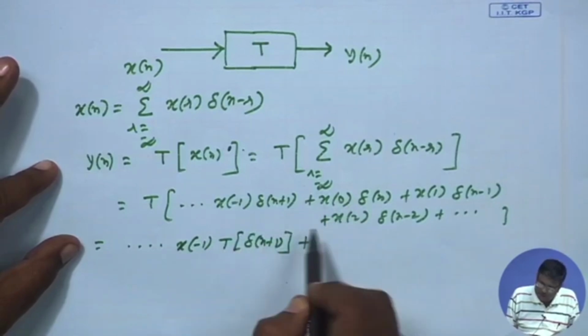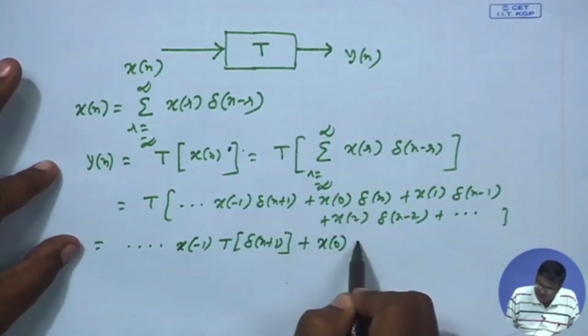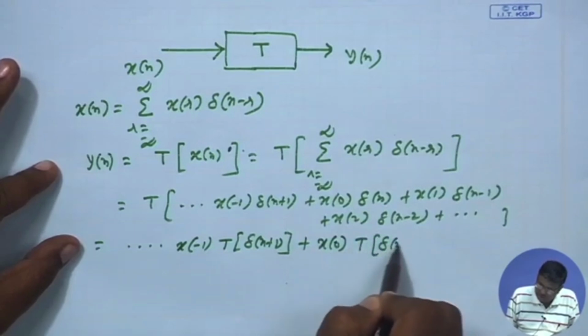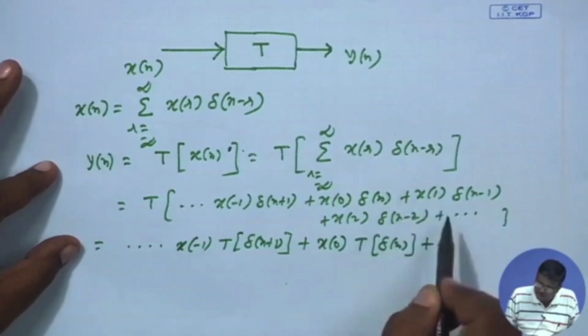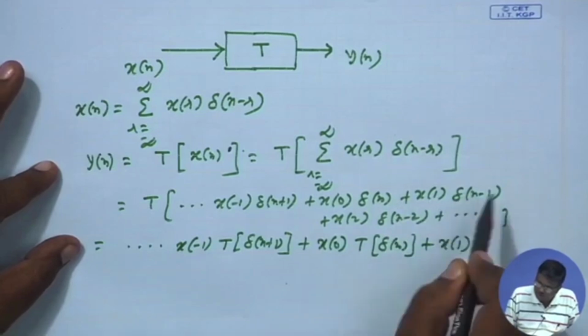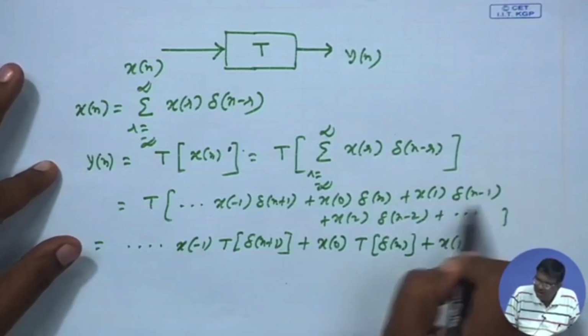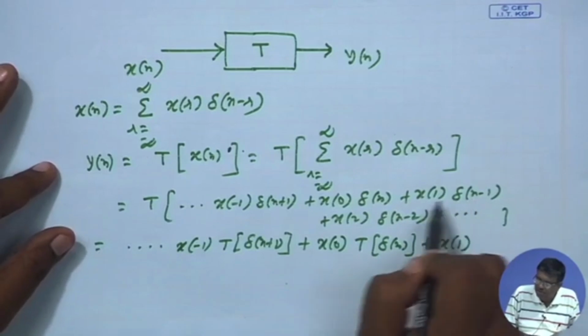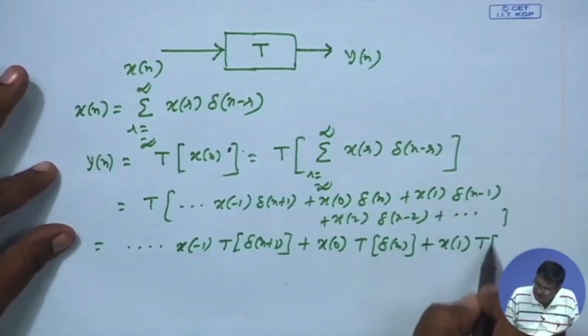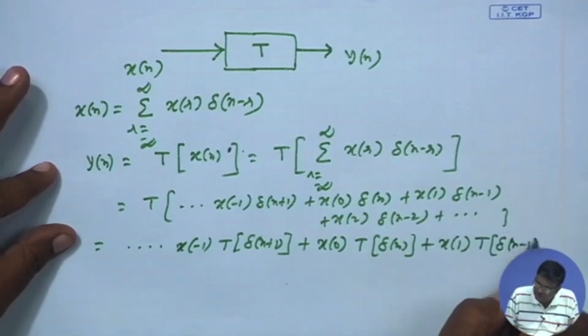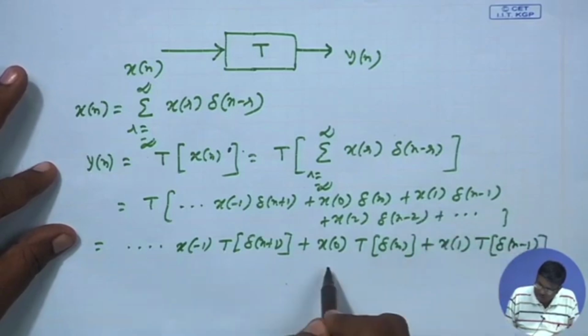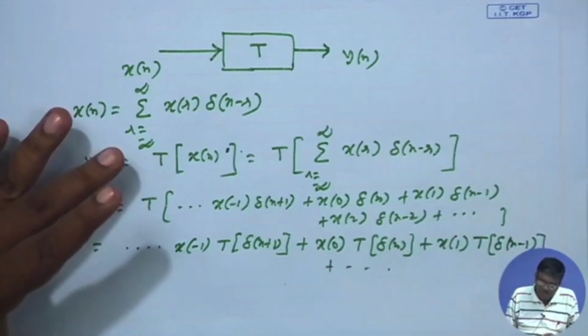Then x 0 will go out, T will work on that. X 1 is a constant again, so it will go out; T works on the sequence, because this is the sequence, it has n. This does not have n; anything that is a function of n is the sequence. So, T will work on the sequence, this is just a constant, and so on.